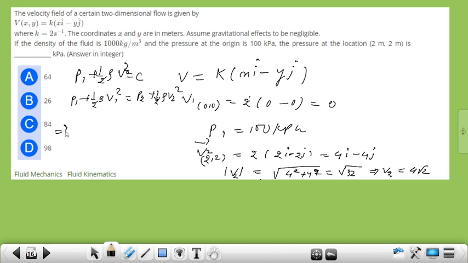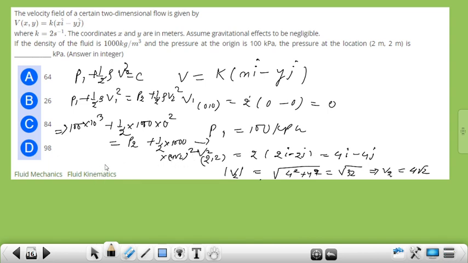Given p1 value is 100 into 10 to the power 3 plus half, and density is 1000, and v1 is equal to 0 square, is equal to p2, which we have to calculate, plus half, as density is constant, 1000, and v2 given 4 root 2 square.